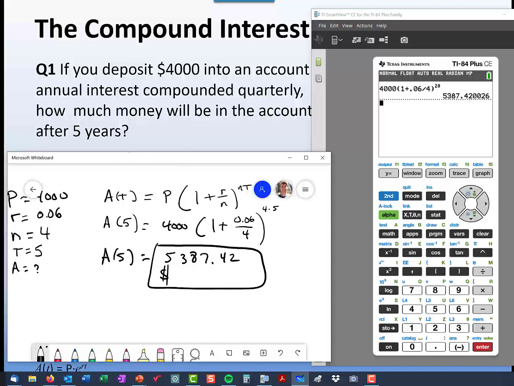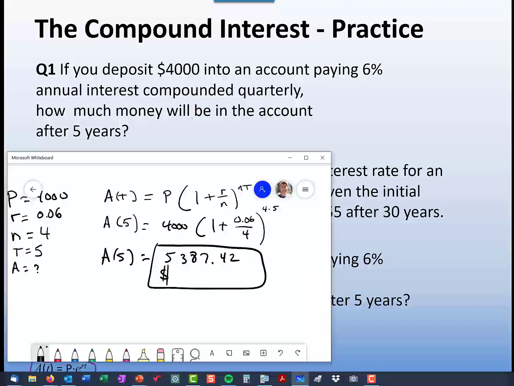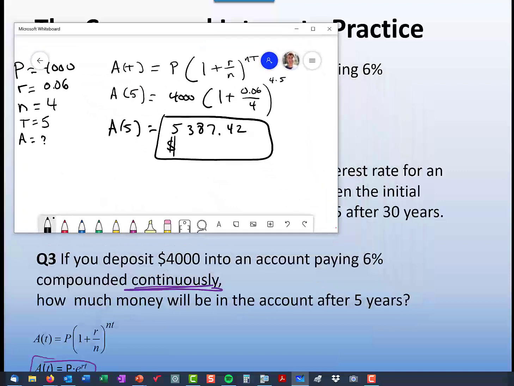Okay, let's go to the bottom one. In the bottom one, it says we're looking at a deposit, same amount of money. The account is paying 6%, the same percent, but it's compounding continuously. So notice the continuous word in there, which means the best model is this one here, the exponential base E. So let's get that one set up.